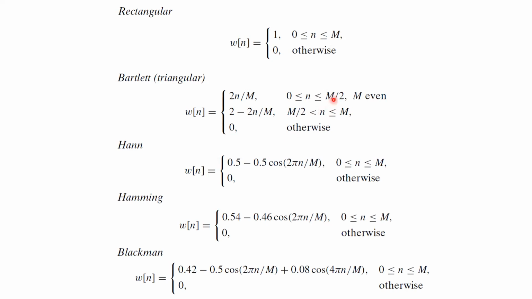When n is greater than M by 2, we choose this definition, 2 minus 2n by capital M. Otherwise the window will be 0. This way we have different windows with different mathematical definitions.